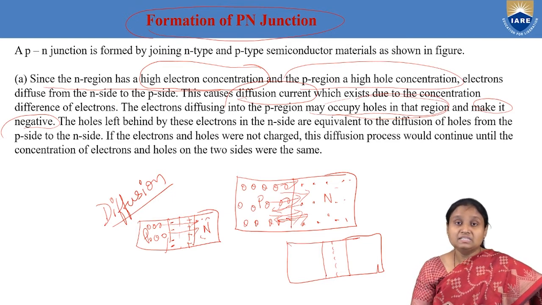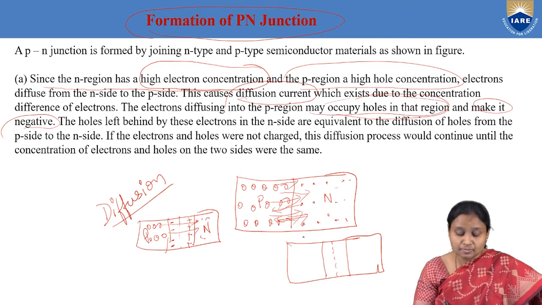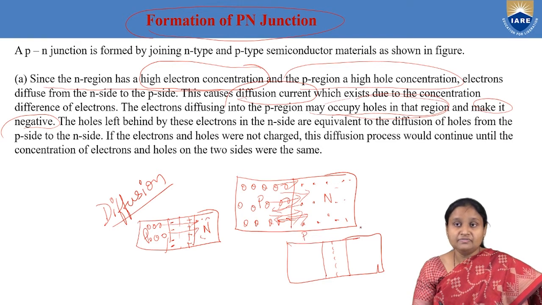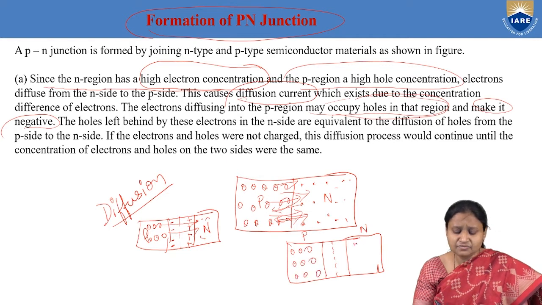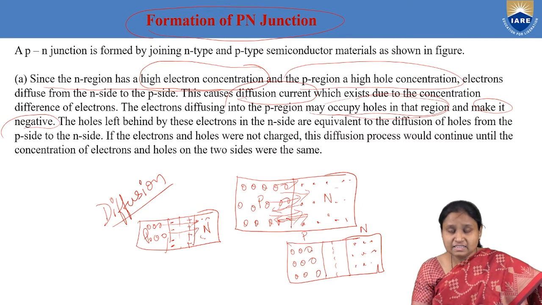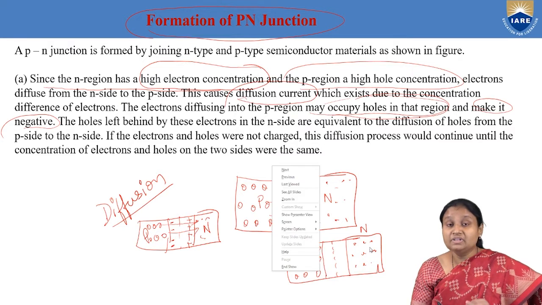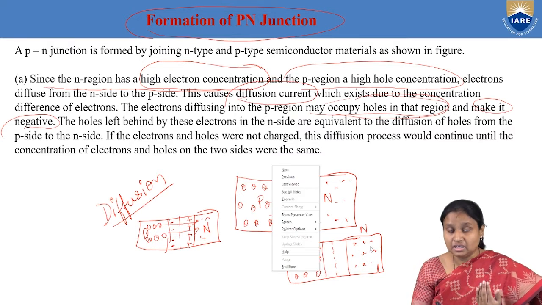Now, why are we saying that they are immobile, or charge carriers which are not taking part in conduction? As we said, in the P region we have a lot of holes and in the N region we have a lot of electrons. These holes, which are positively charged, when they go towards the N region, give their energy by combining with electrons.